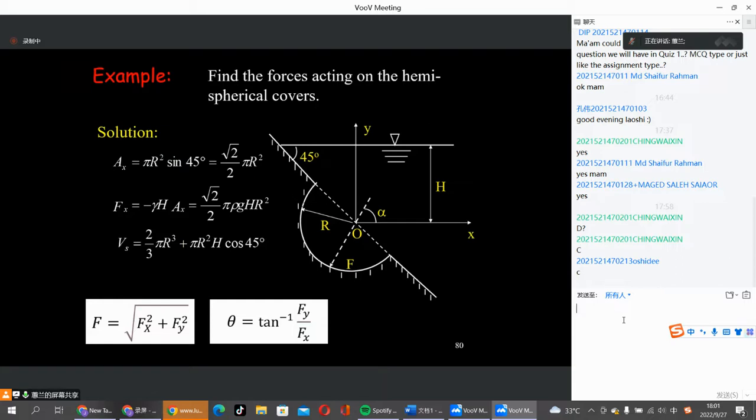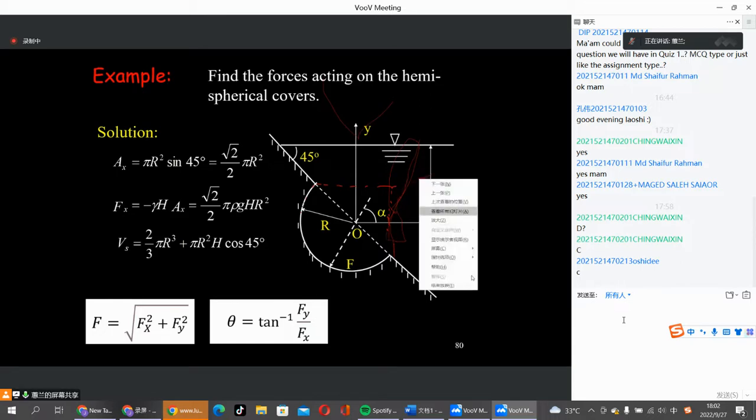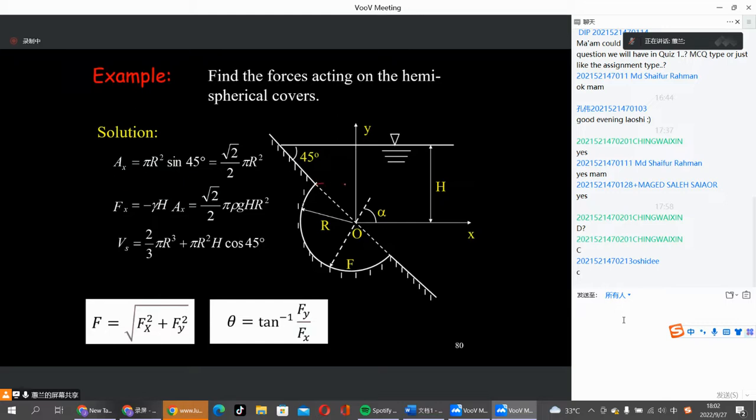For the horizontal force, we need to find its vertical projection area. It should be like this, and we use O1. Why not this one?